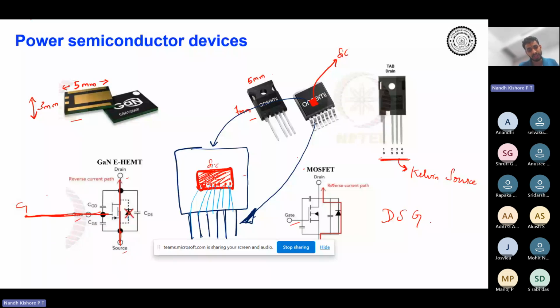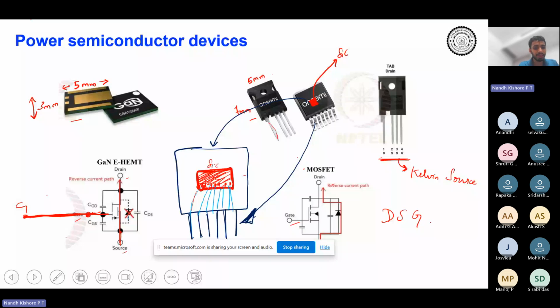Physical connection can be through PCB, or a wire, or a terminal, or some kind of aluminum connection or whatever.